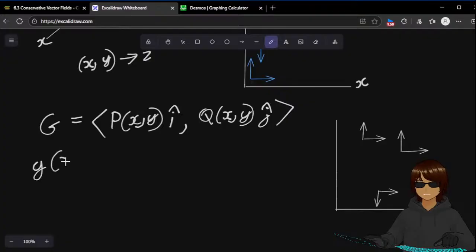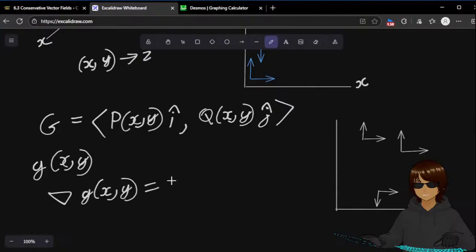Some vector fields I can't represent as the gradient of some function.